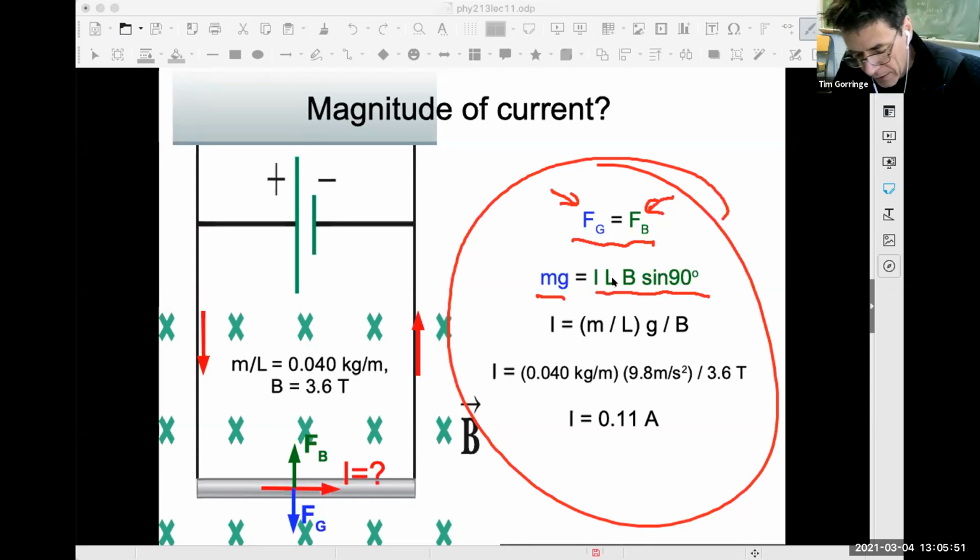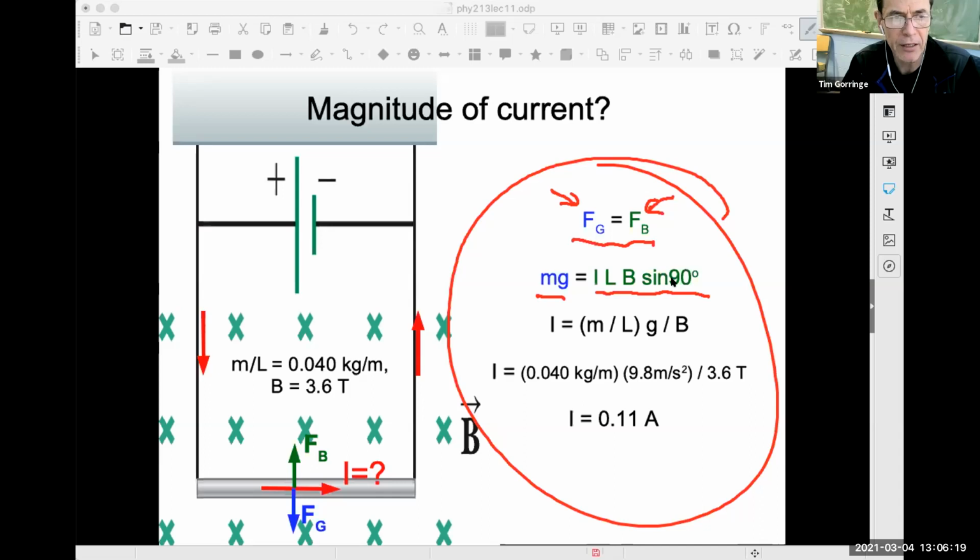That magnetic force we figured out was the current in the wire, so more current, more force, times the length of the wire, the L of this section of wire here, times the magnetic field that it's immersed in. More magnetic field would make more force, that makes sense, times the sine of the angle between the direction of the current and the direction of the field.